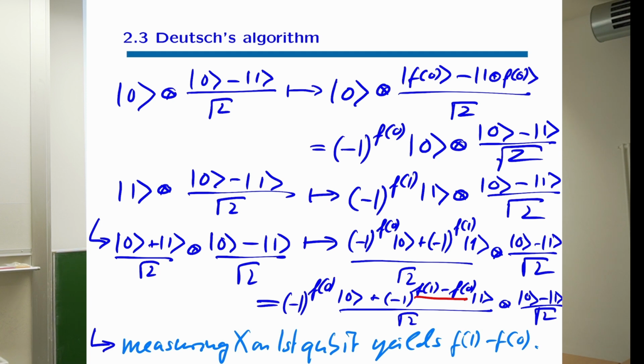So you measure in the x basis and figure out what this difference is. Upon measurement of this first qubit in the x basis, you get this difference. And now that tells you about the nature of the function. If the difference is 0, then the function is constant, and if this difference is 1 modulo 2, then this function is balanced. So you got this with one oracle call.